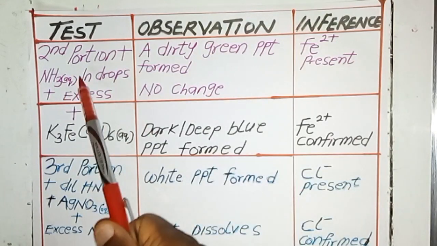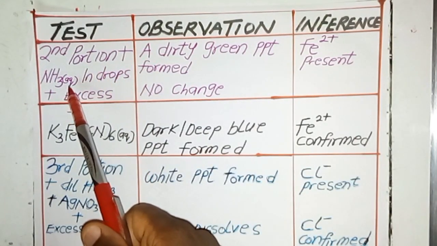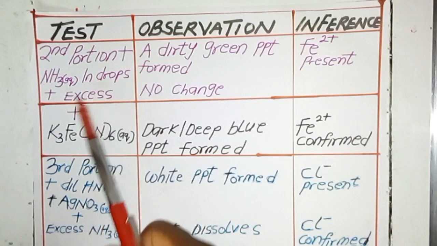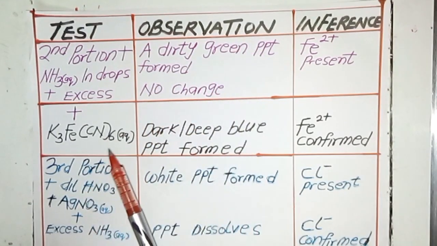Then, second portion plus aqueous ammonia in drops and in excess. Normally the reactions of the salt with sodium hydroxide or aqueous ammonia will give similar reactions. Here we say dirty green. Some will say dark green, dirty green.